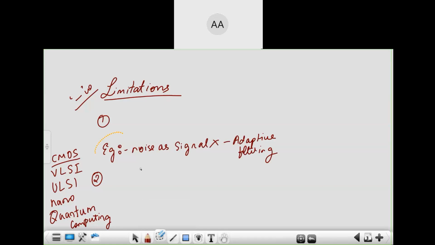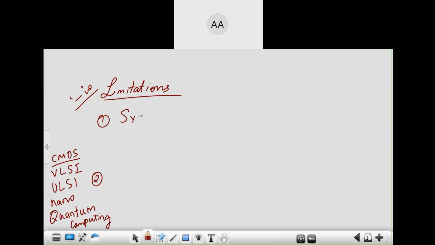So you can avoid this problem using a DSP processor. It does not have that disadvantage. But suppose you want to implement an adaptive filter, it is not very easy. So the system design is complex, and system complexity increases.